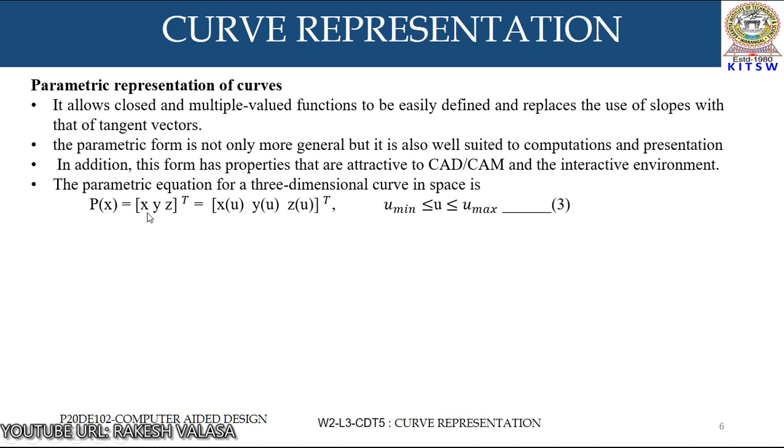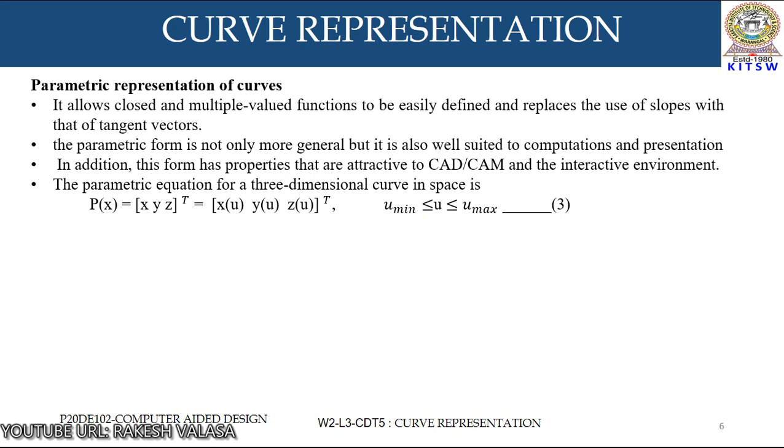Here we can represent each coordinate in terms of u: x of u, y of u, z of u. This curve's limits are u minimum and u maximum. The parameter value lies between u minimum and u maximum. Otherwise, you can take the minimum value as 0 and the maximum value as 1.